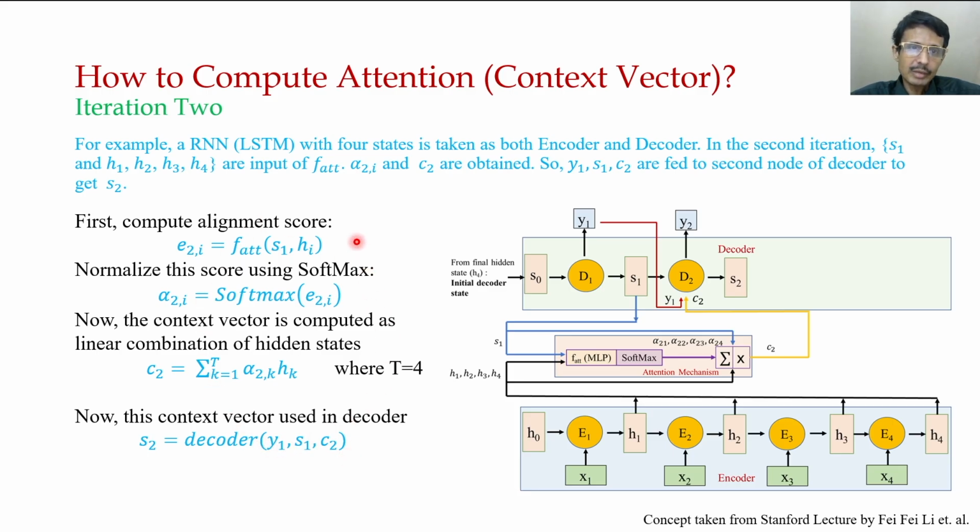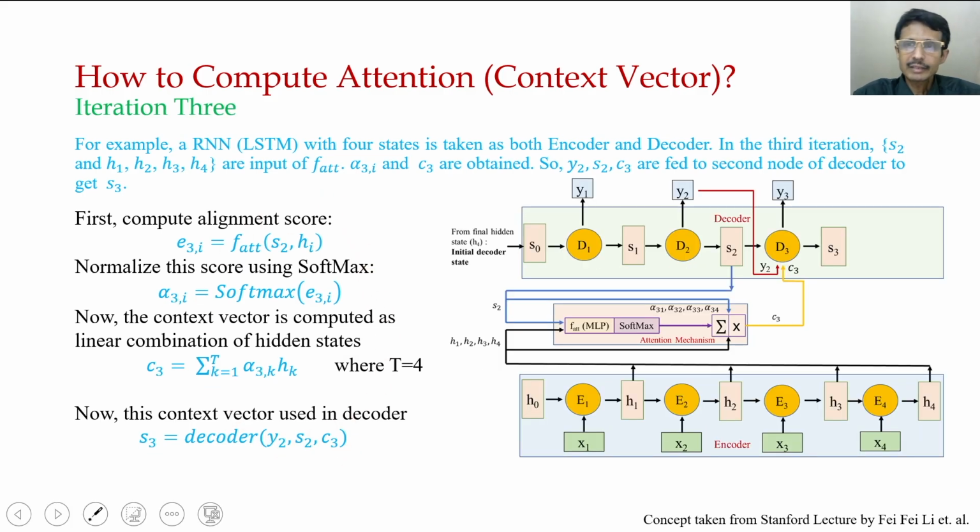This goes on iteration by iteration. In the third iteration, almost a similar thing happens, with e_{3i}. What is the input to this F attention? It is S2, coming from S2, along with H1, H2, H3, H4, and alpha_{3i} and C3 are obtained. So alpha 3,1, 3,2, 3,3, 3,4, and C3 by linear combination, and we can get S3 out of this.